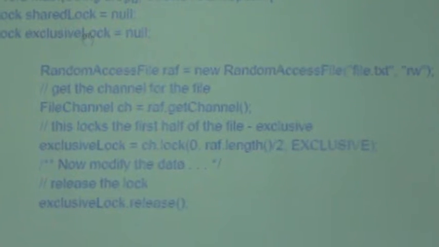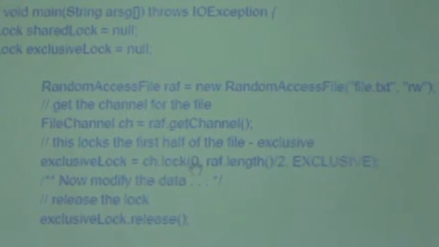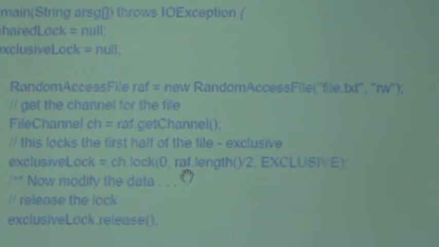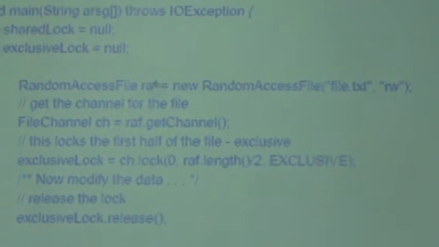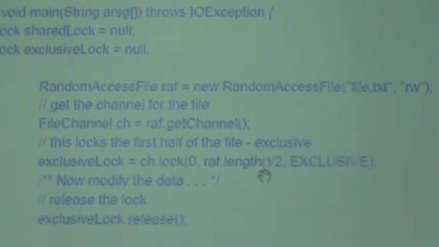It's declared here, equal to the channel's lock from the first half. So start from 0 and go to half of the file. We get the length of the file, then divide by 2. So this is the halfway position of this file.